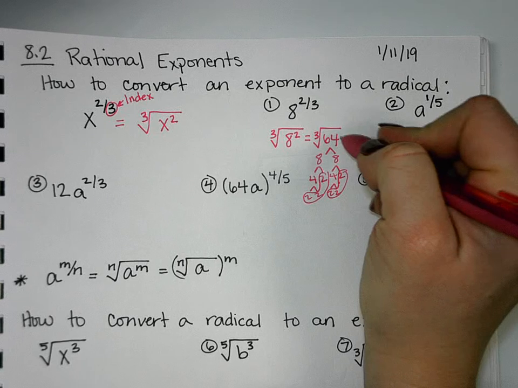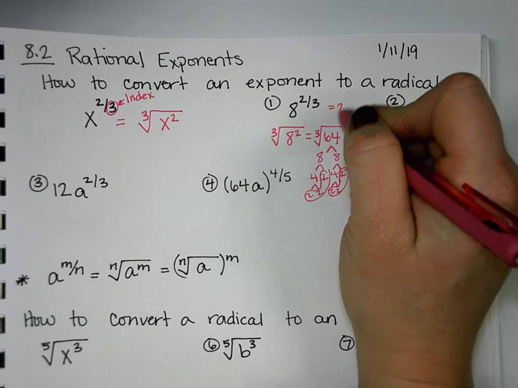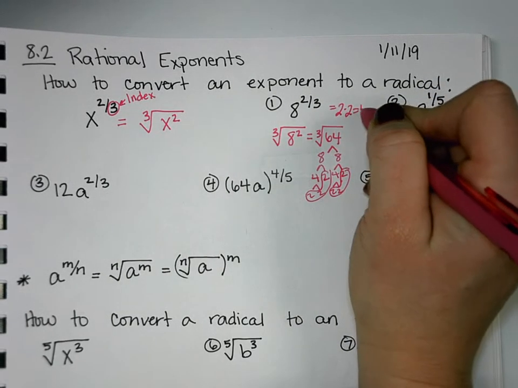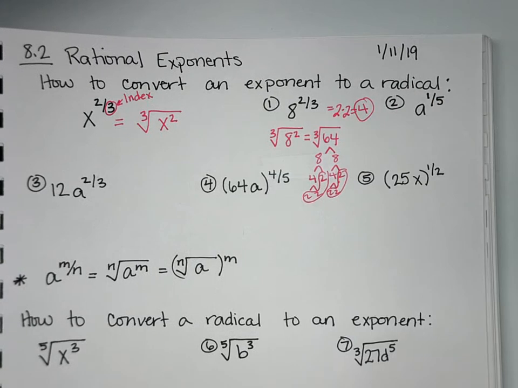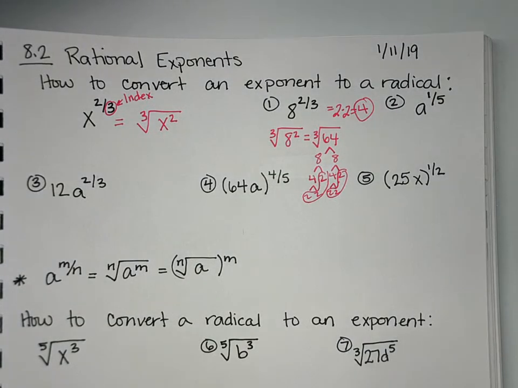So that means the cube root of 64 is going to be 2 times 2, which your answer is 4. We can usually only do this evaluation if it's a number. If we have letters, we can't really evaluate anything. But we do have to simplify it if it is in fact numbers.